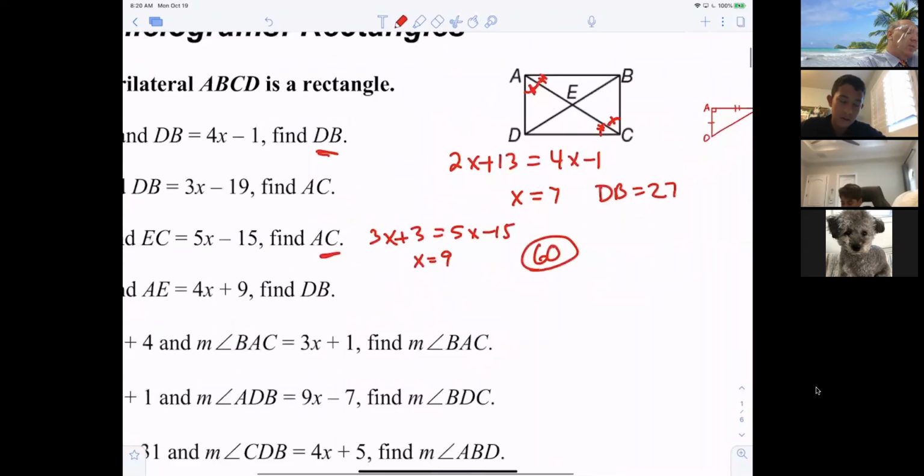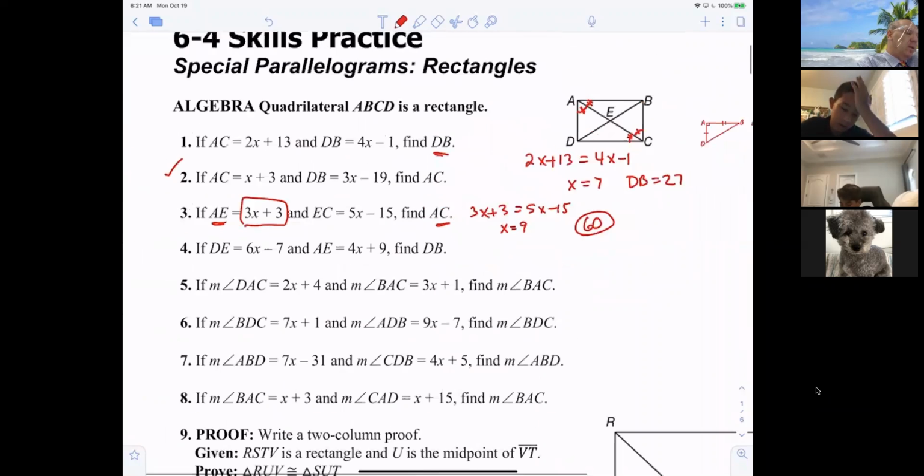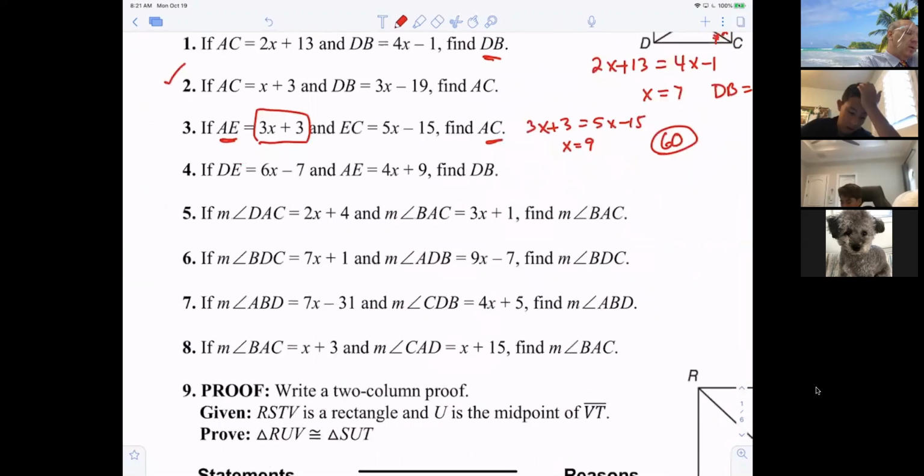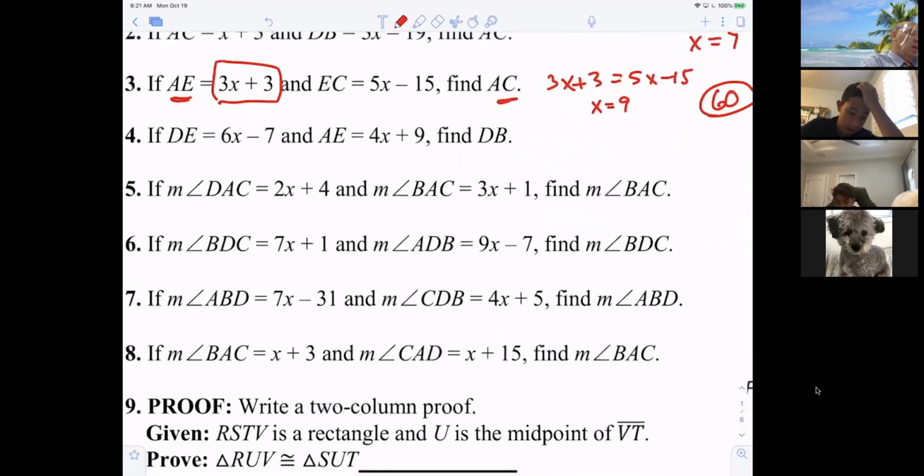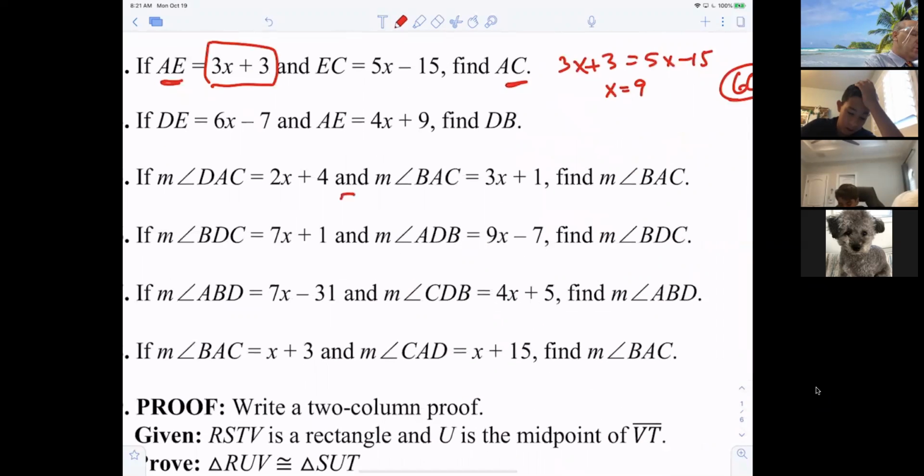But what's true about those two angles? Yes, they add up to 90. All right, so let's add them up. What do we get? 5x plus 5 equals 90. So x plus 1 equals 18.